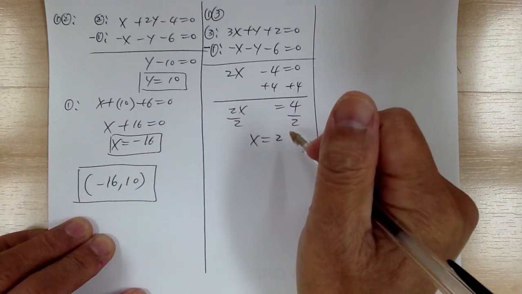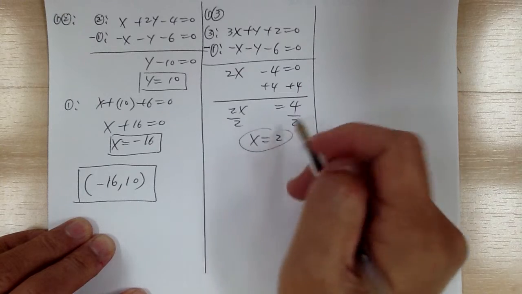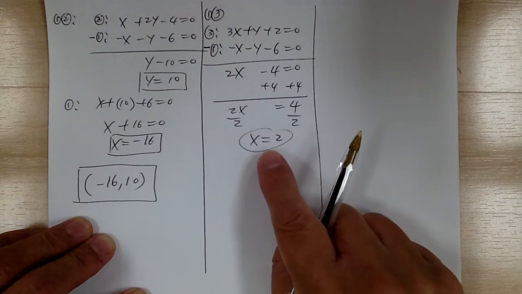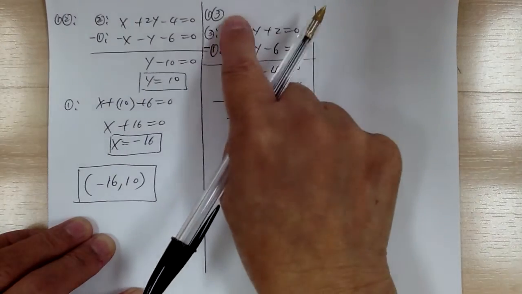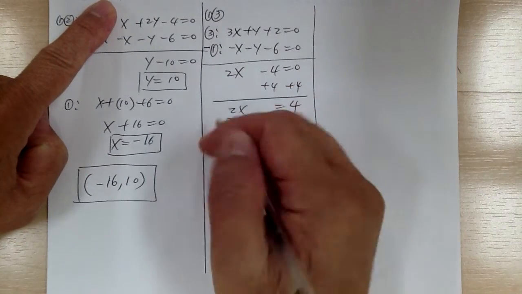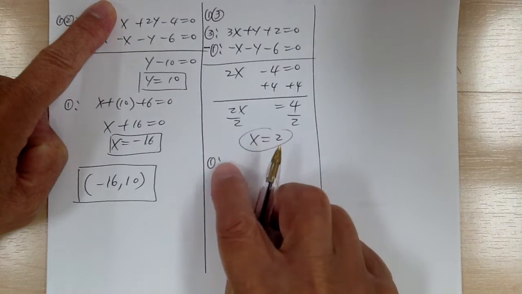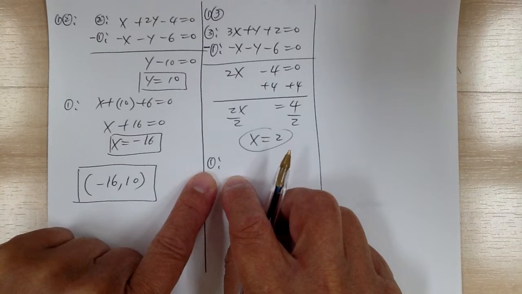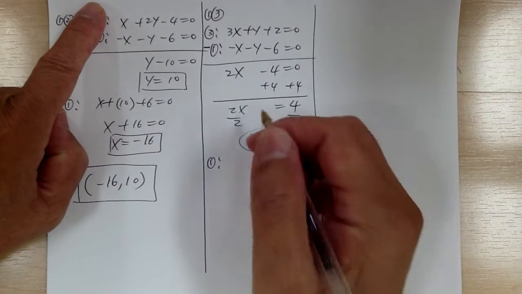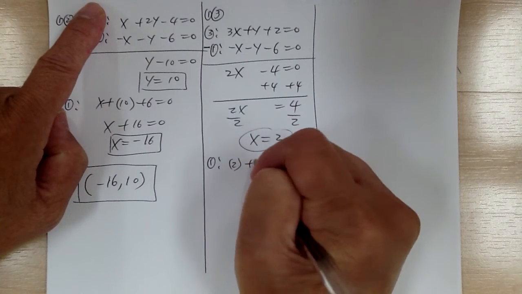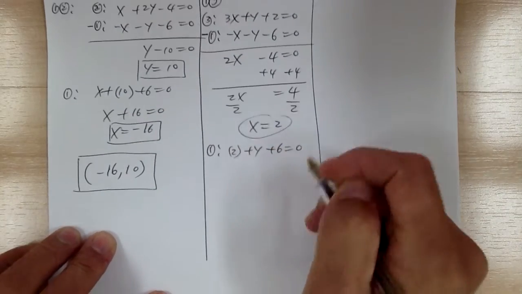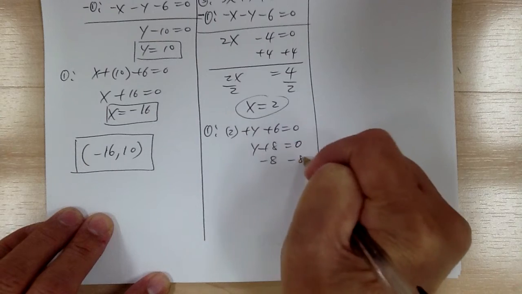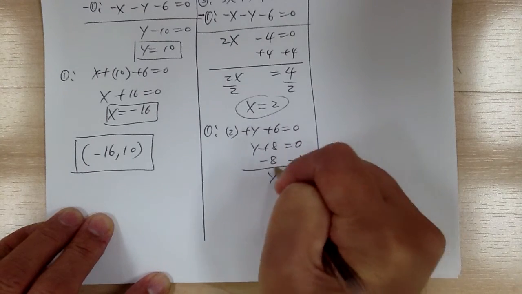I'm going to circle that, so it's easier to find the information later on. Since I'm using equation 1 and 3, I'm going to substitute into equation 1. You want to write this clearly so that people know which equation you're using. So I get 2 plus y plus 6 equal to 0. So y plus 8 equal to 0, minus 8 on both sides. So y equal to negative 8.